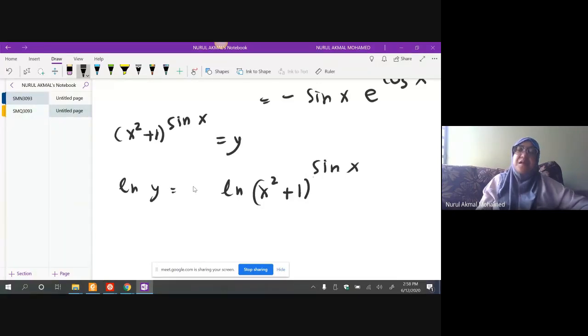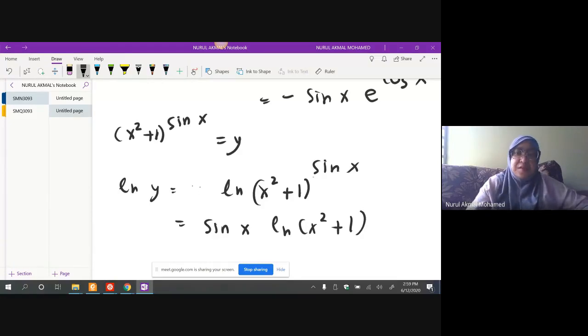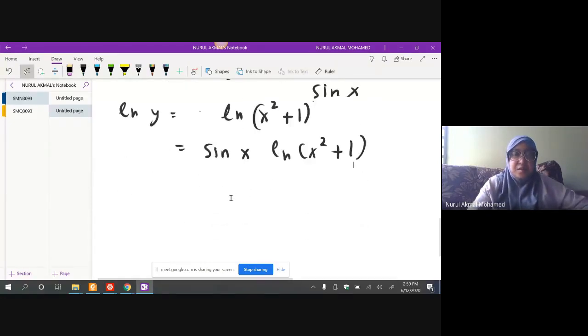But from the properties of log, you know that this can be written as sine x multiplied with ln of x squared plus 1. So this can also be written as sine x ln of x squared plus 1.